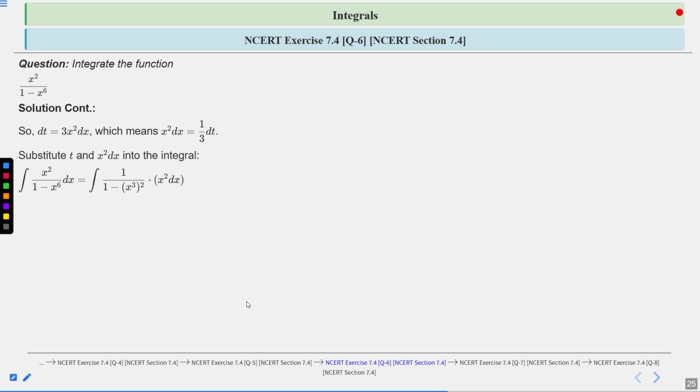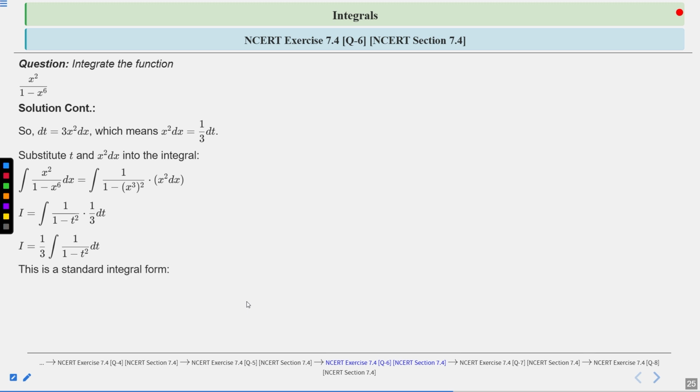So I is equal to the integration of 1 upon 1 minus t square into 1 by 3 dt. Now we can move 1 by 3 out of the integration since it is a constant. So I will be equal to 1 by 3 integration of 1 upon 1 minus t square dt.